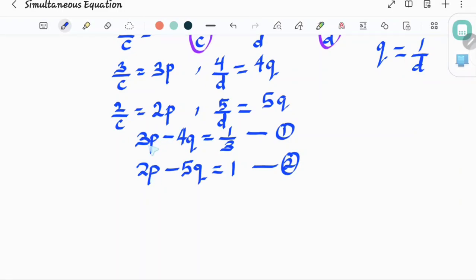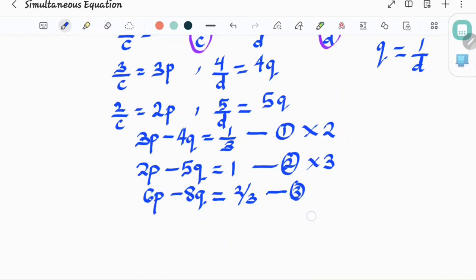Since the coefficients of p here are 3 and 2, we can multiply here with the coefficient that is down, 2, and multiply here with the coefficient that is up. Why we are multiplying is that we just want to make the coefficients of the variables the same. So 2 times 3p gives us 6p, minus 2 times 4q gives us 8q, equals 2 times 1 over 3, which gives us 2 over 3. That's the new equation 3.